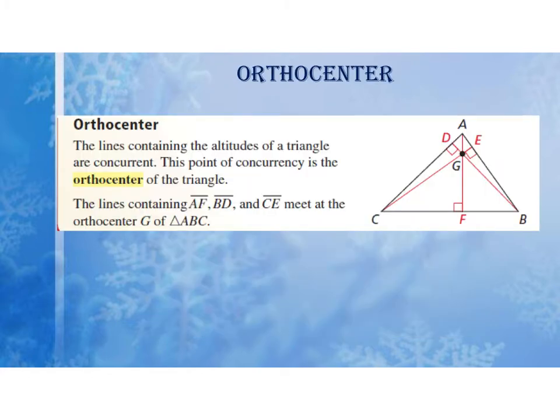So the next thing we're going to talk about is the orthocenter. The orthocenter is going to be the point of concurrency where all of the altitudes meet. So the lines containing the altitudes of a triangle are going to be concurrent, and that point of concurrency is the orthocenter.